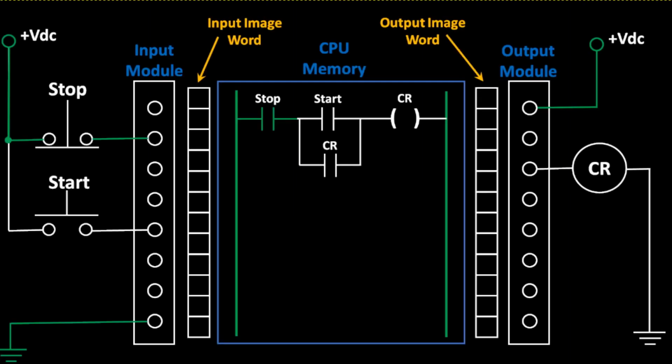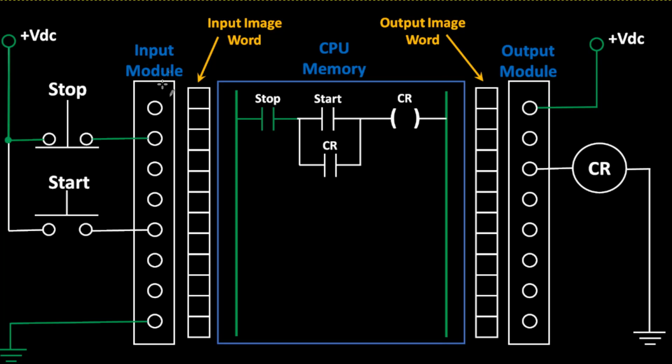Now in the PLC, we can look at this as follows. Here's an input module, and I have a stop push button wired to an input on the input module. I have a start push button that's wired to an input point on the input module.